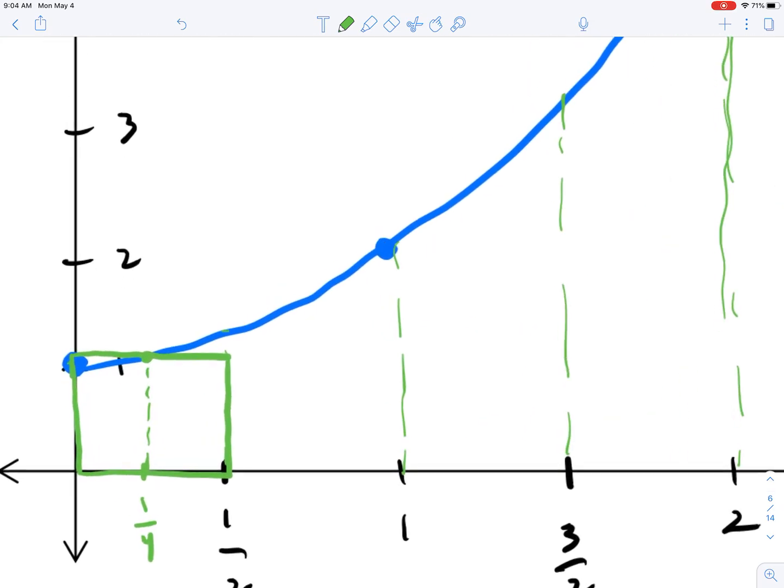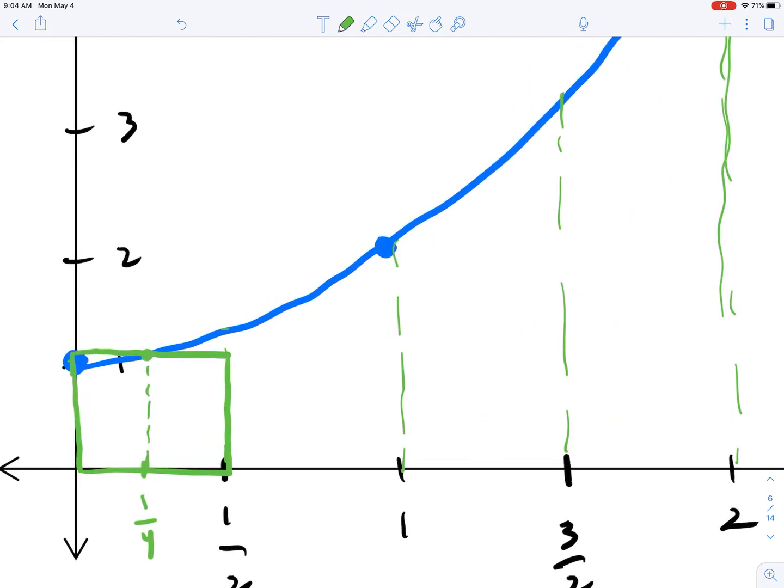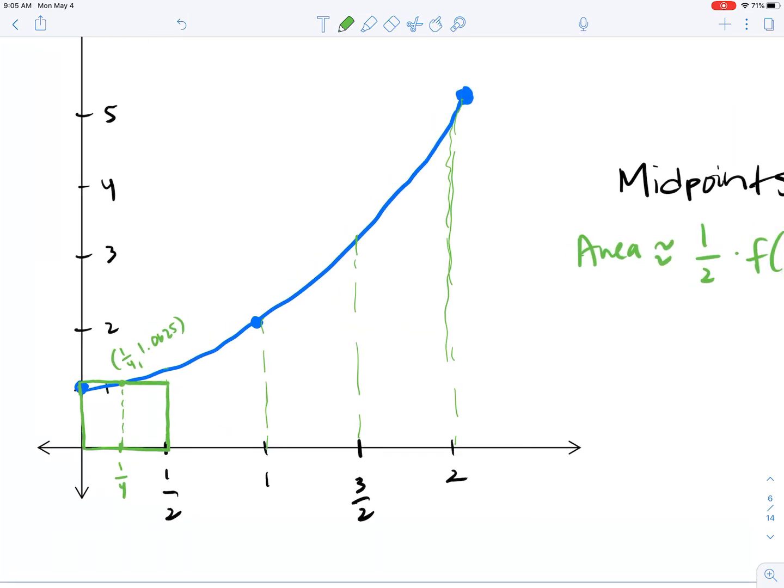So delta x is 1/2 and then times f of 1/4. So we plug 1/4 into our function to find out what the height of that rectangle would be. And putting that into my calculator, it looks like I get 1/4 comma 1.0625. Okay, and then I move on to the next subinterval.